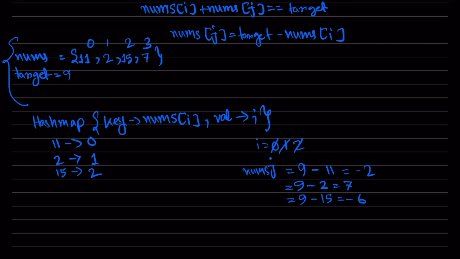Now at index 3, I'll say okay, 9 minus 7 is equal to 2. Does 2 exist in my hash map? I can say yes, it does.